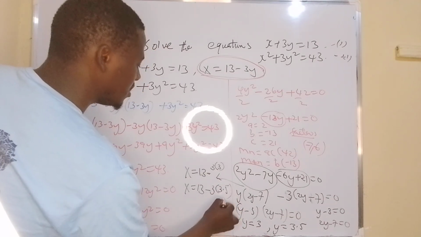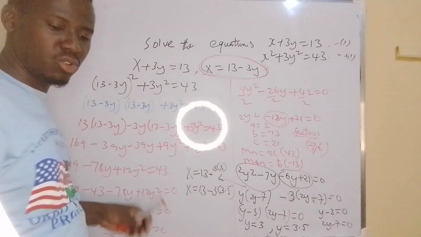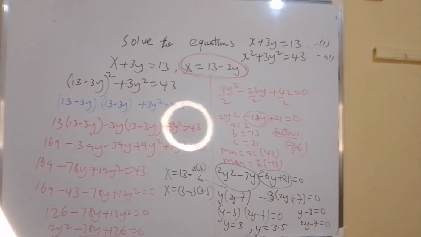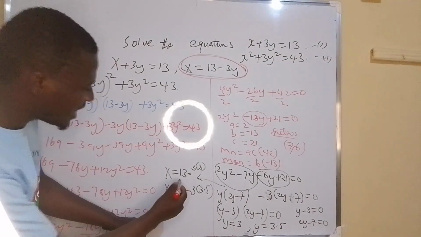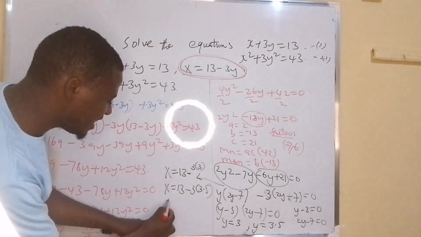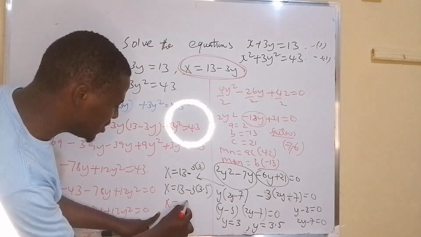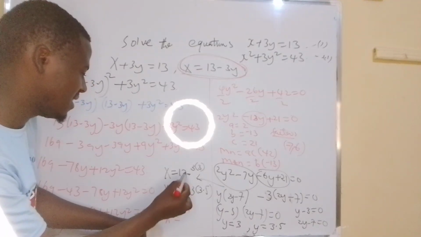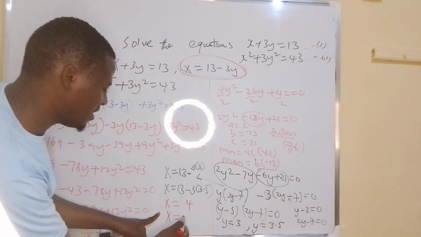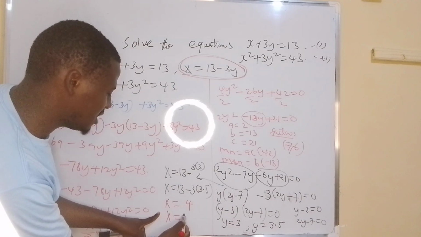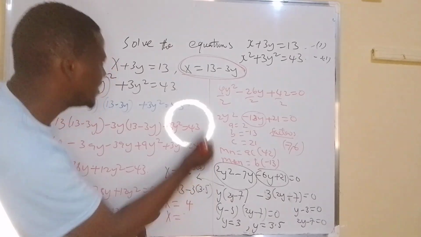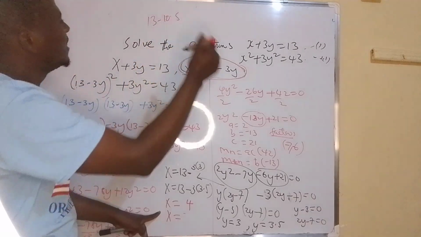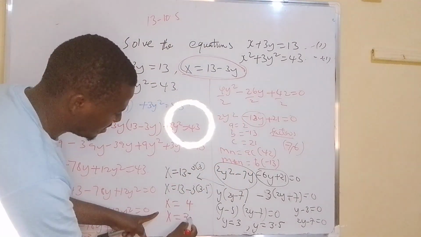So when you multiply that, it's going to give you what? Therefore, x will be equal to 13 minus 9, which is 4. And x will also be 13 minus 10.5, which will be 2.5.